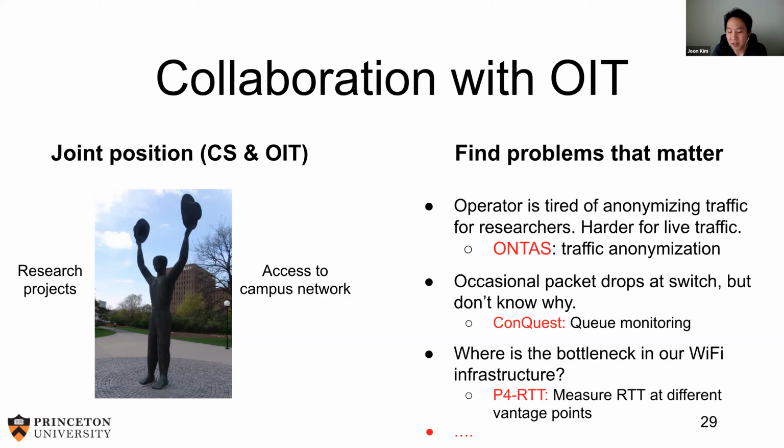We're having talks with the IT department to use another P4 program called P4-RTT to measure round trip time latencies at different vantage points, so that we can pinpoint bottlenecks in the Wi-Fi infrastructure at Princeton, and so on and so forth. So I think it's really important that you also try to find problems that matter for the IT department, which instigates more communication and collaboration.